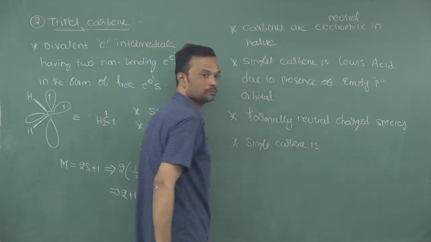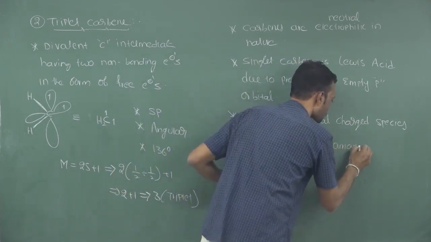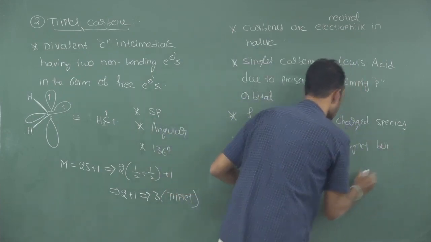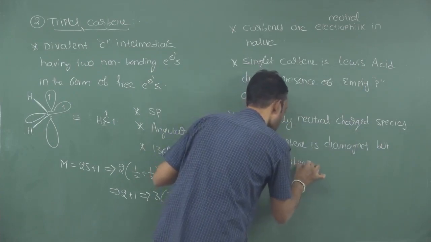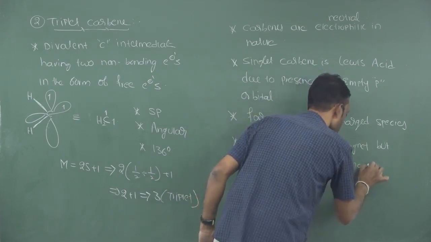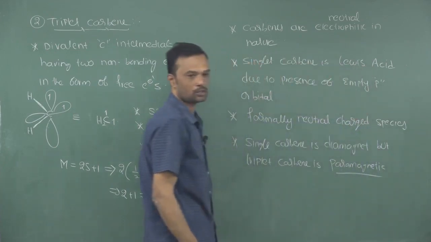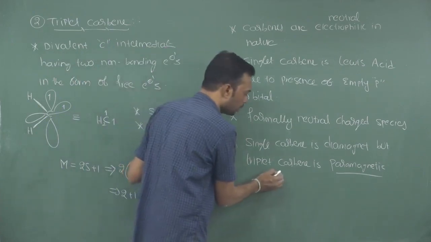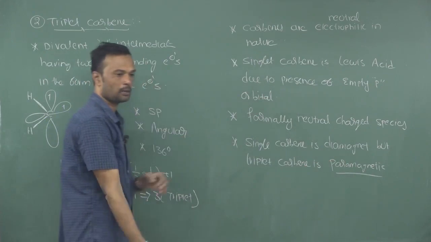Singlet carbon, you can guess, is diamagnetic. But triplet carbon is paramagnetic. Why are they paramagnetic? Two electrons are present in two different orbitals. Now they don't have opposite spin in the case of triplet. In triplet, two free electrons are present, that's why it is paramagnetic, but singlet is diamagnetic in nature.